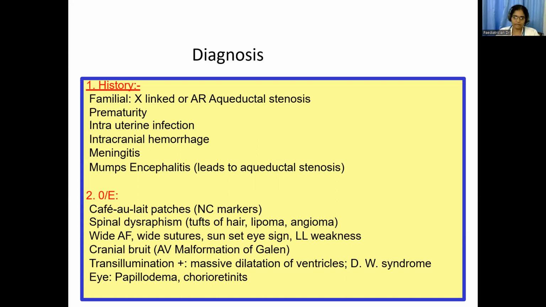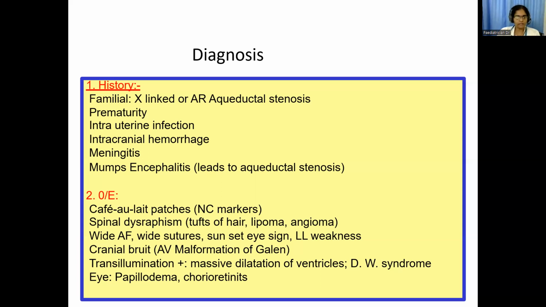Cranial bruit can be there, like in AV malformation, vein of Galen malformations, you can get cranial bruit. Transillumination can be positive in massive dilatation of the ventricles and Dandy Walker syndrome, and in the eyes you check for papilledema and chorioretinitis. Check the history.